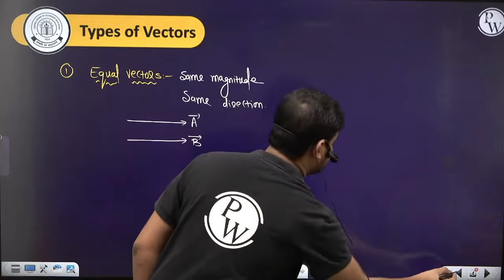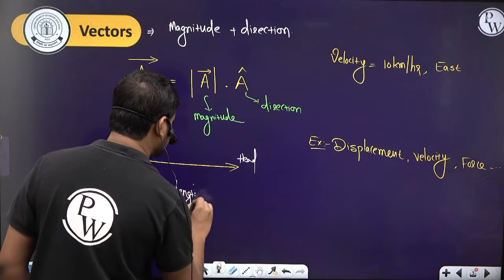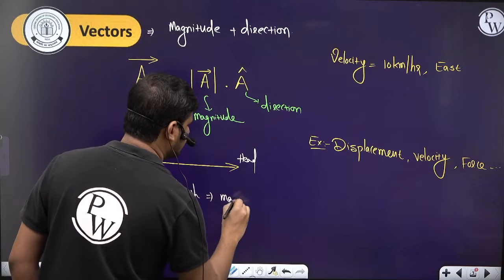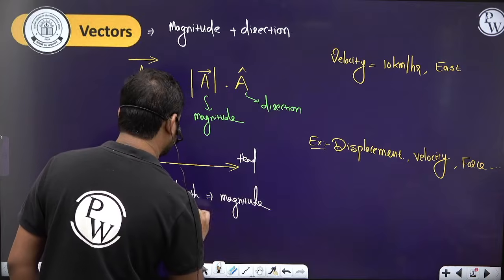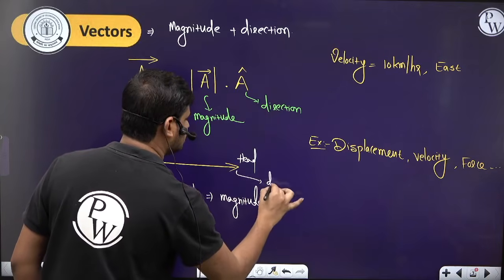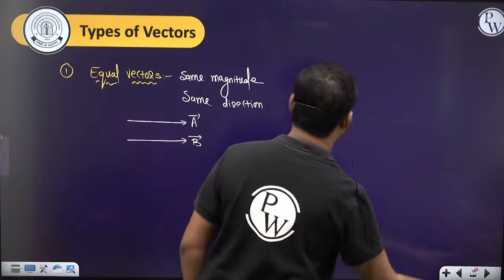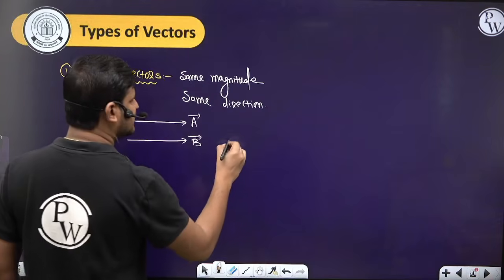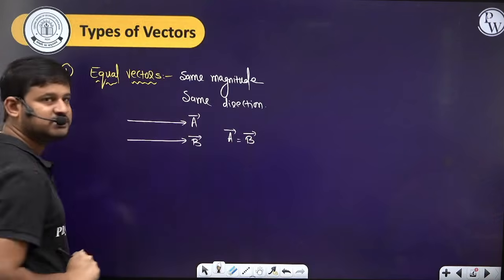You can write that part also here: the length of the arrow represents the magnitude, whereas the arrow represents the direction, in which direction it is moving. So now here I can say that vector A is equal to vector B. These two have the same magnitude and the same direction.